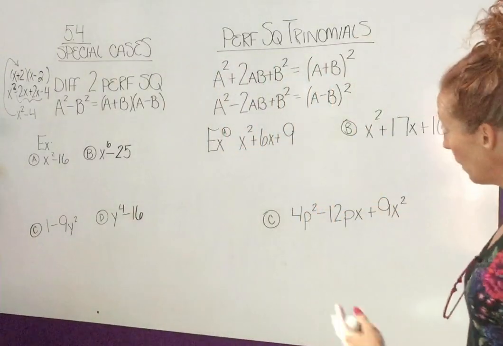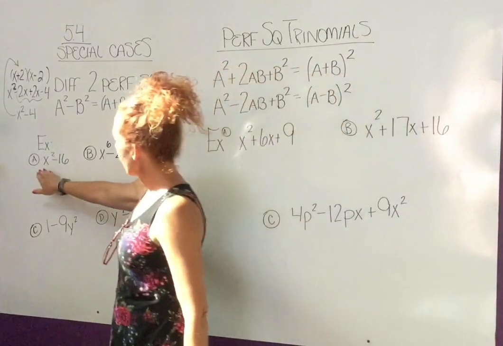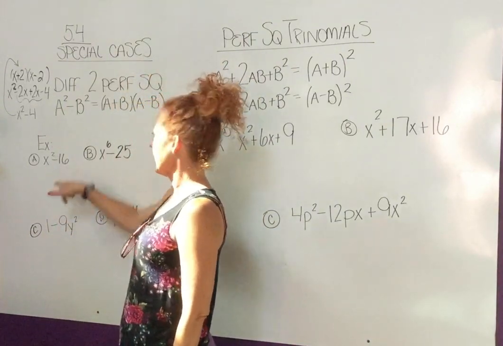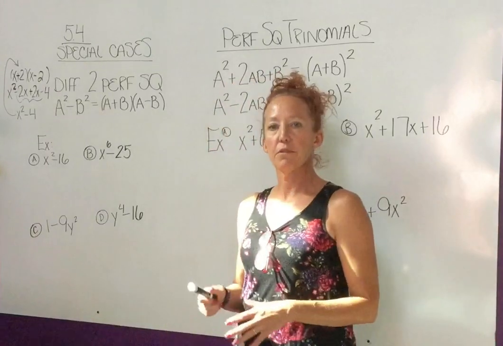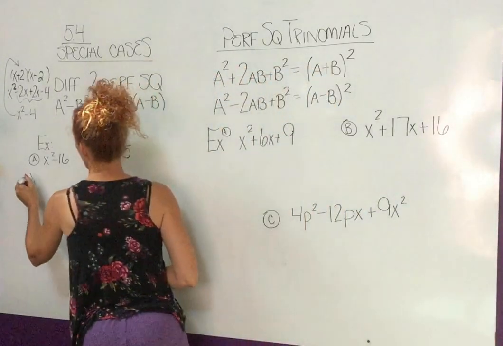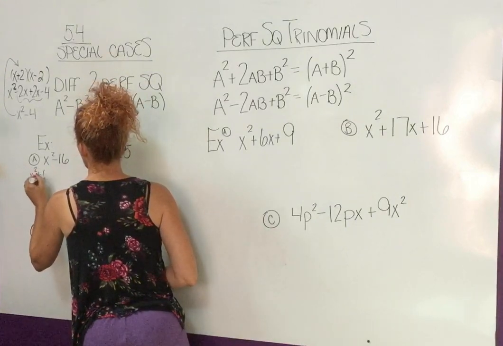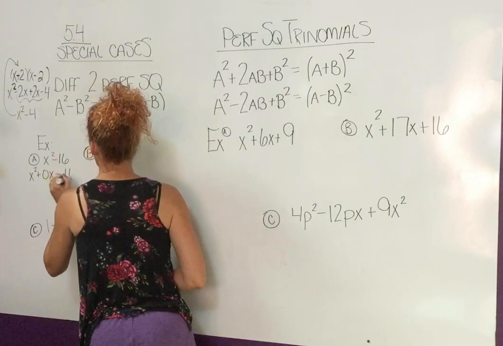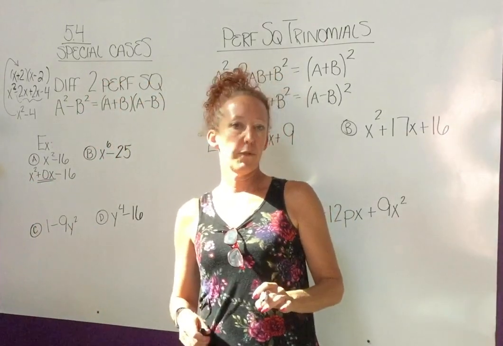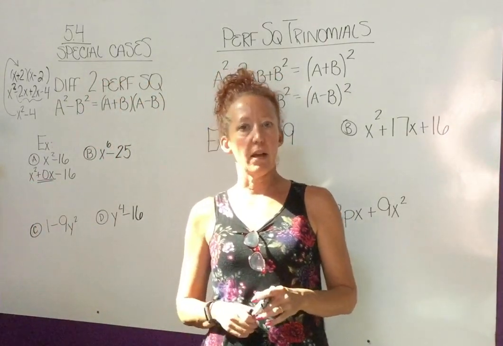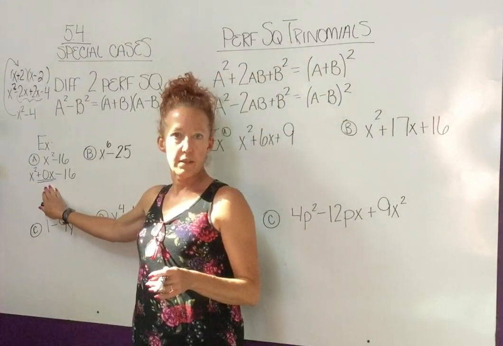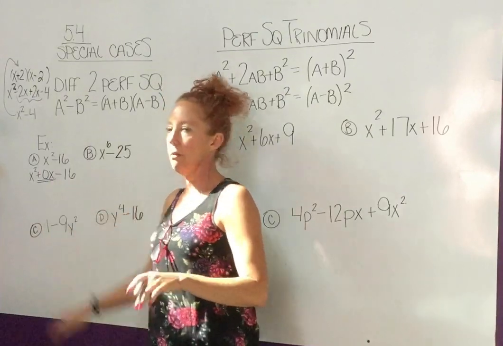Okay, so I see that I have x squared minus 16. That's a perfect square. 16 is 4 times 4. So when I go to break this apart, I want that middle term to drop away because I want it to add up to 0. So if we're going to make it fall into the same pattern as 5.2, we want that middle term to be 0 x's. We want it to go away.